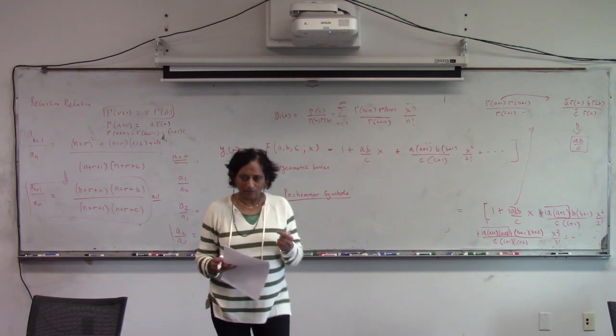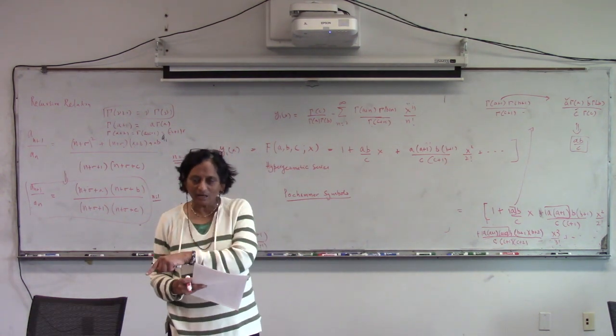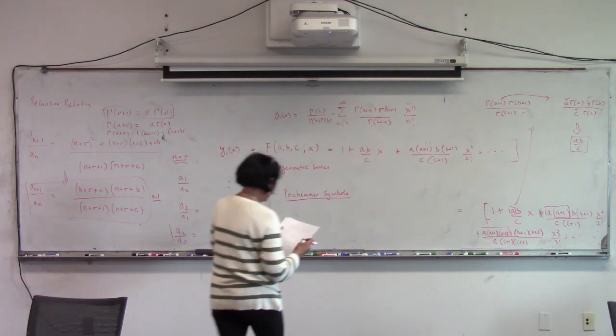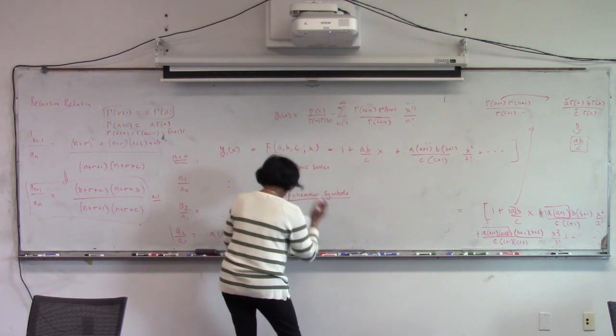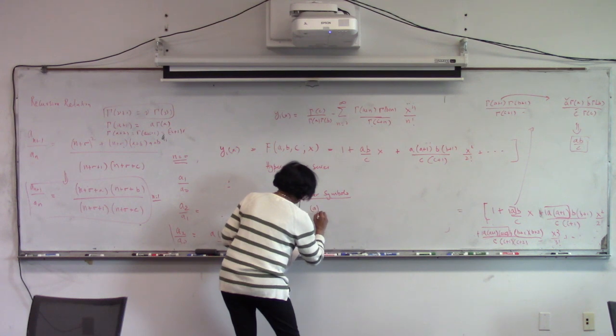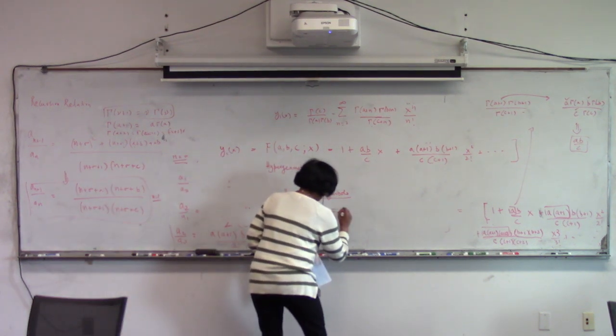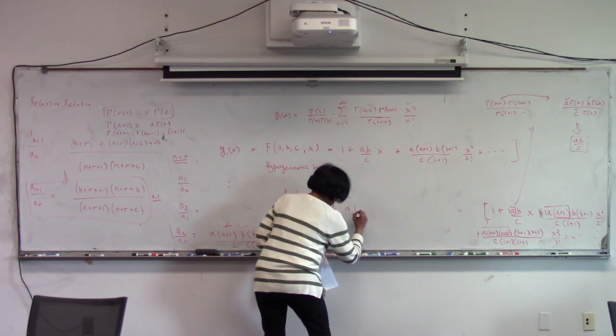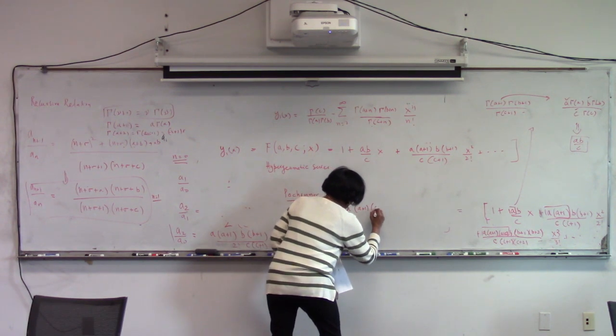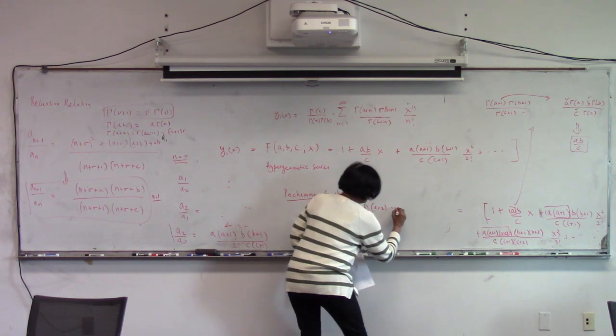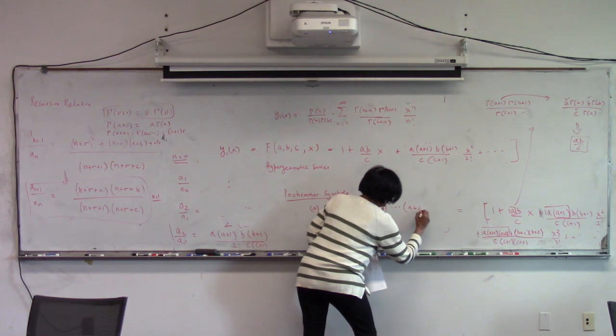It looks like a factorial, but it is not ending in 1. The Pochhammer symbol is like this: A with the suffix nu is nothing but A times A plus 1, A plus 2, all the way to A plus nu minus 1.